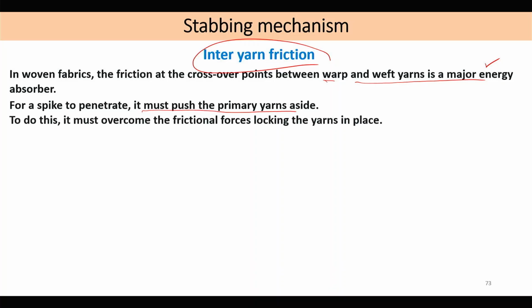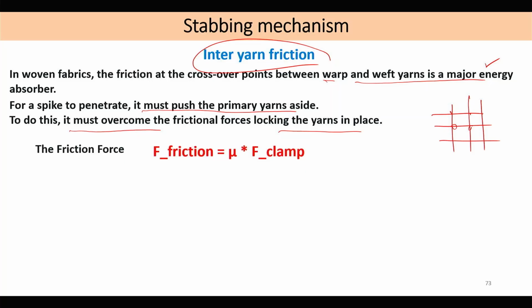To do this work, it must overcome the frictional force locking the yarn in place, because when penetration is taking place, it will have to overcome the frictional force between the yarns. So, these are the yarns, and the inter-yarn friction has to be overcome.